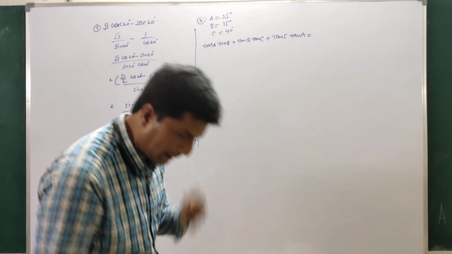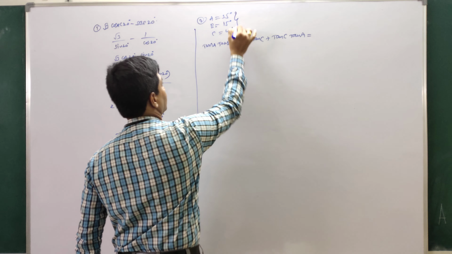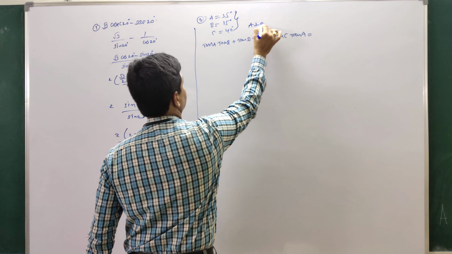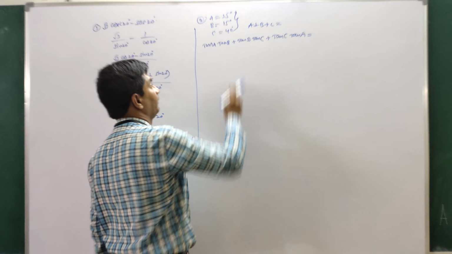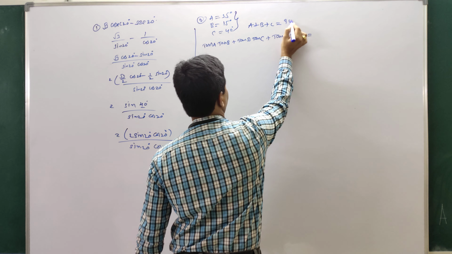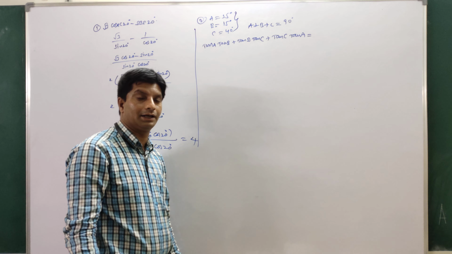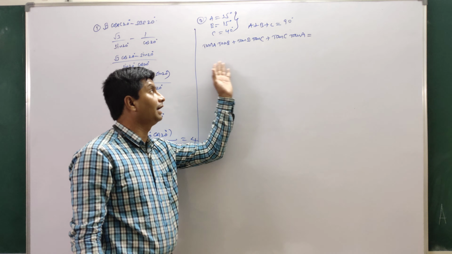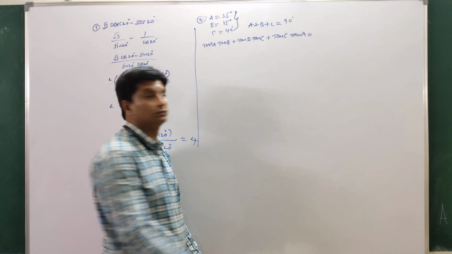Let's see. What is the value of A plus B plus C here? 35 plus 15 is 50. 50 plus 40 is what? 90. Whenever A plus B plus C equal to 90 degrees, I already told you the value of tan A into tan B plus tan B into tan C plus tan C into tan A. What is the value? 1.